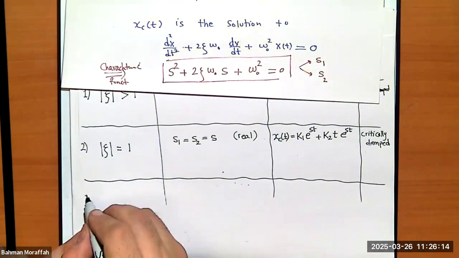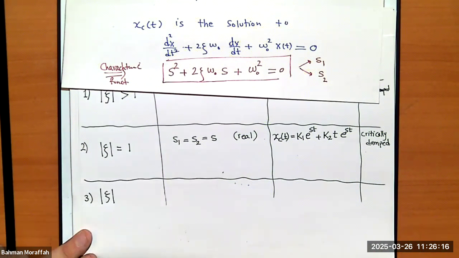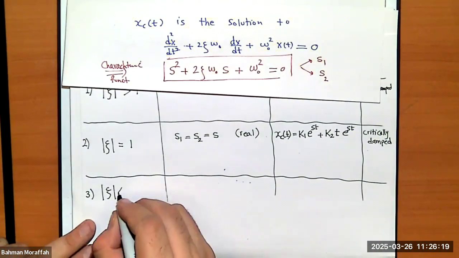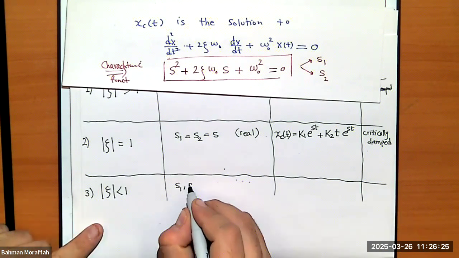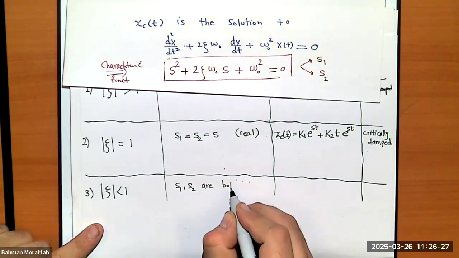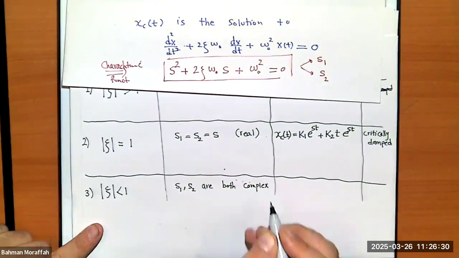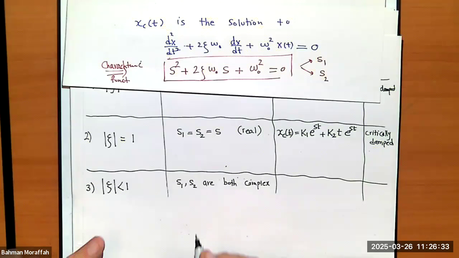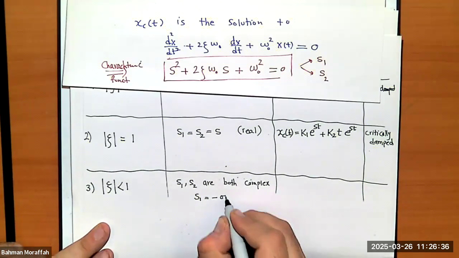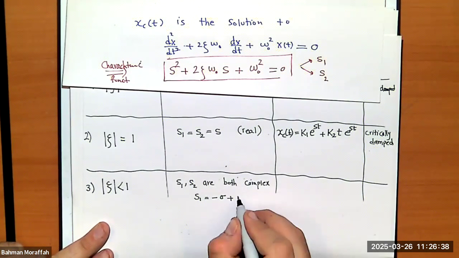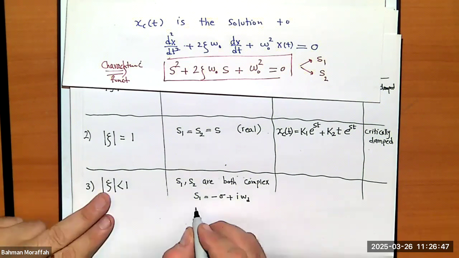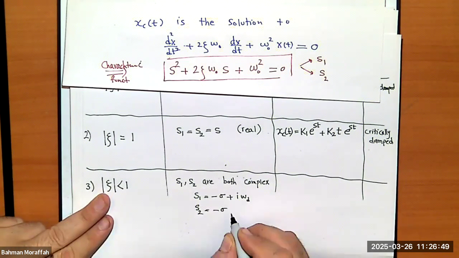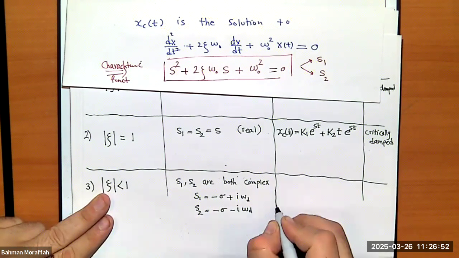And the last type was when the absolute value of c is less than 1, which we said S1 and S2 are both complex numbers. And we said if we write S1 as negative sigma plus i omega d, S2 must be the complex conjugate of S1. Therefore, it is negative sigma minus i omega d.